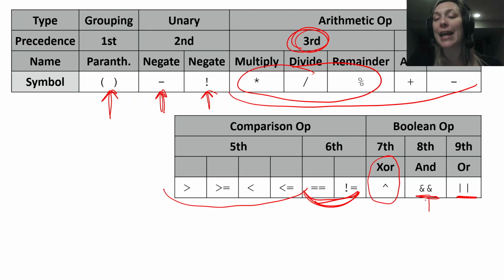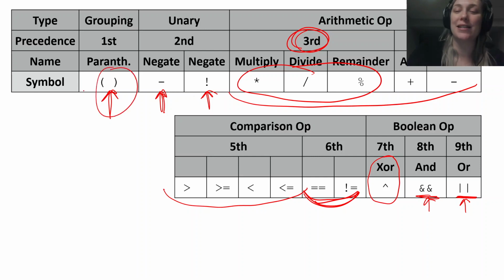And notice how the AND comes before the OR. Okay, your AND will always get evaluated first before the OR. Okay, they don't evaluate in order from left to right. It's always the ANDs, unless of course you got parentheses, right?